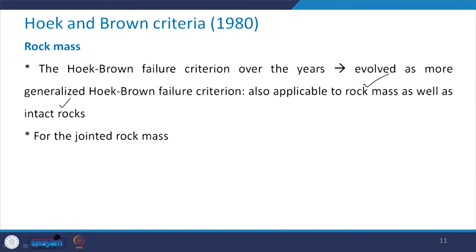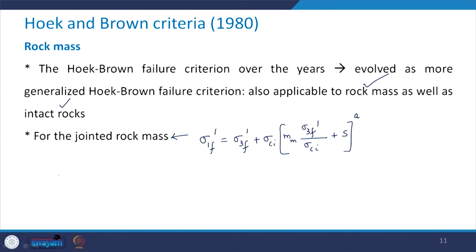For the jointed rock mass, this is how the expression is written: sigma 1 f prime is equal to sigma 3 f prime plus sigma Ci times (m_b sigma 3 f prime divided by sigma Ci plus s) to the power a.